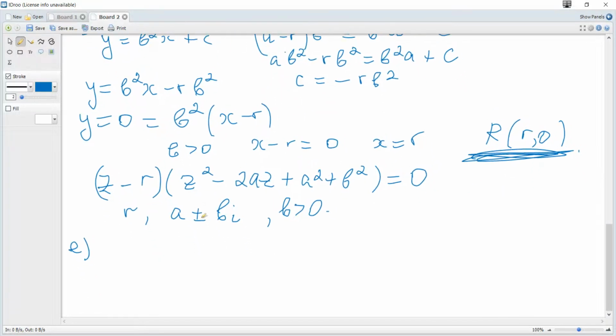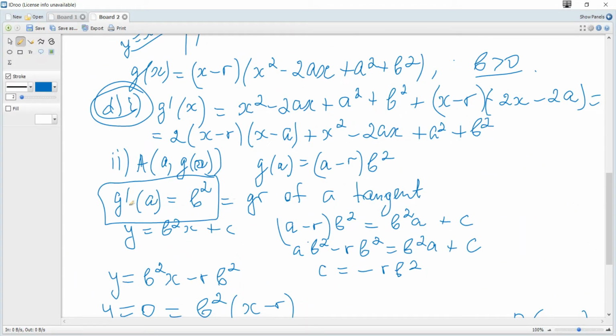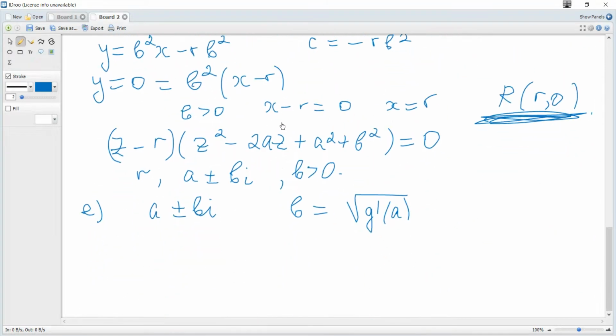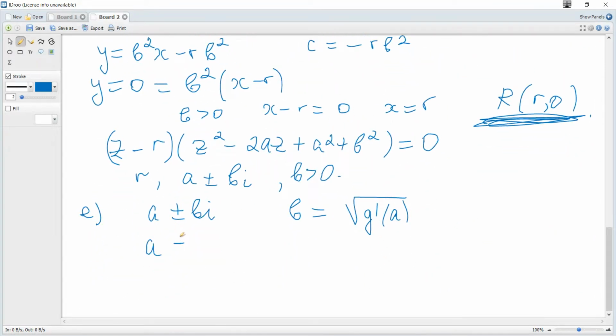So we can see that the complex roots are a plus minus bi, it is given, and b is a square root of g derivative at a. In general plus minus, but b is positive, so plus. And hence the roots are a plus minus i root g derivative at a, as required.